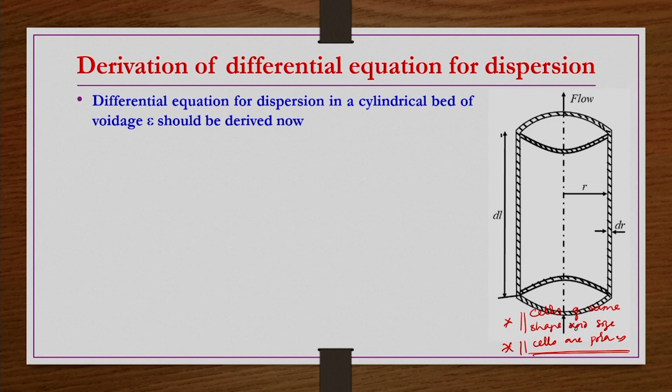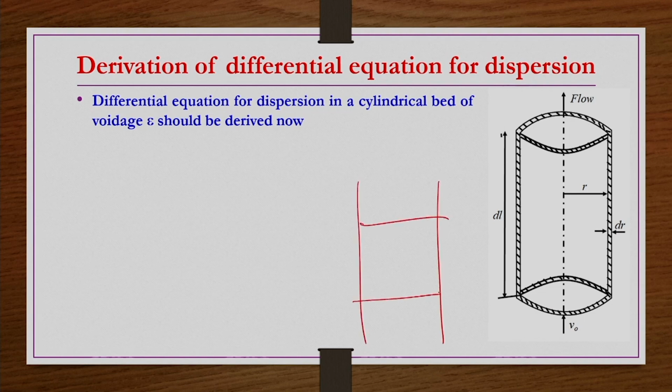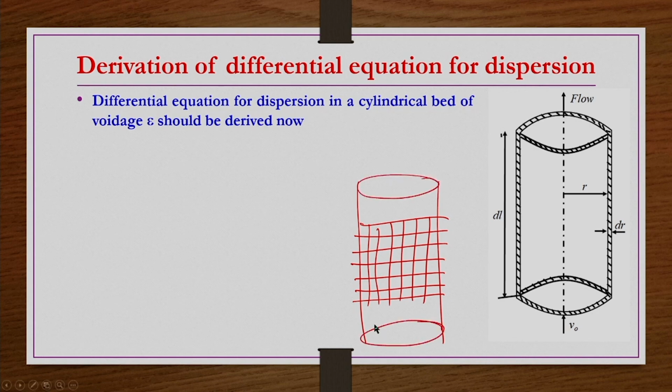So, this is the cell that I was mentioning. We have taken a porous packed bed where interstitial spaces are there, and the packed bed is made in a cylindrical column using some kind of packing material. Now this packed bed we have divided into several cylindrical cells, because the bed itself is made in a cylindrical column like this.